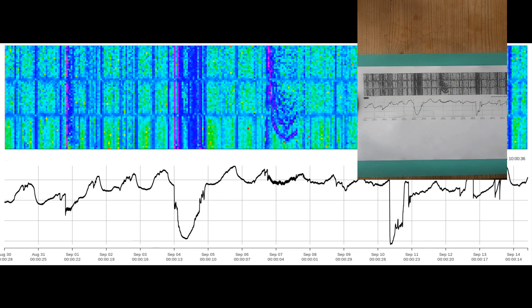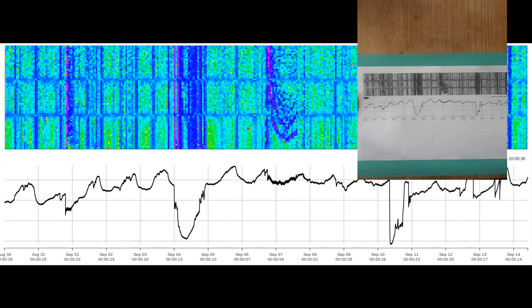This is a recording I made between the 30th of August last year, 2022, and the 14th of September of the same year. You're seeing two parts here, the top part and the bottom part.